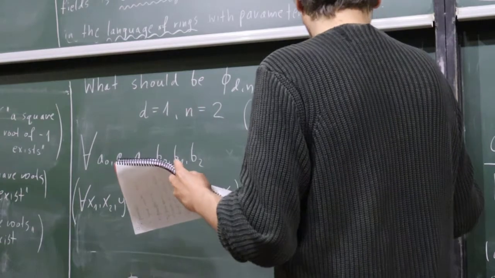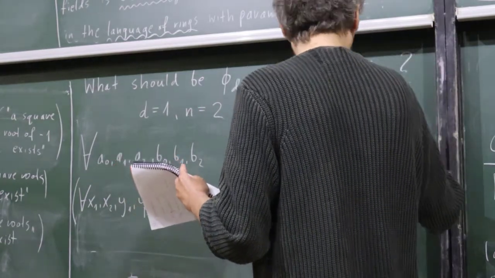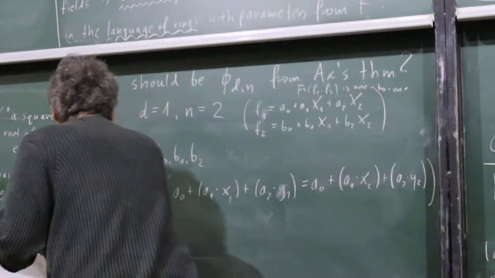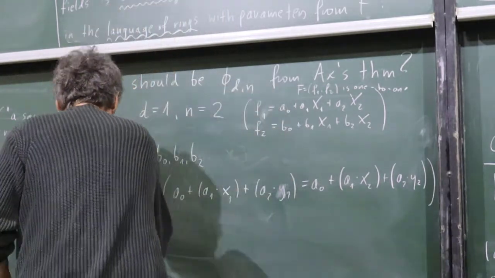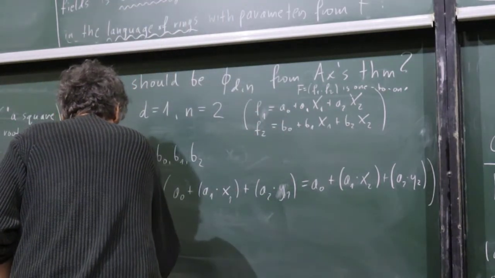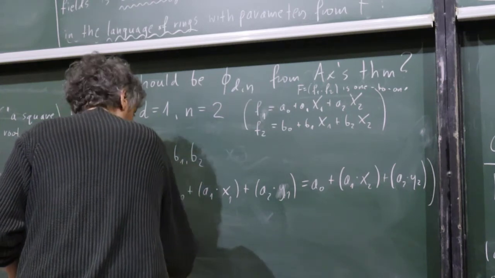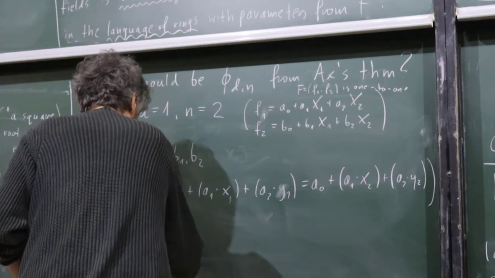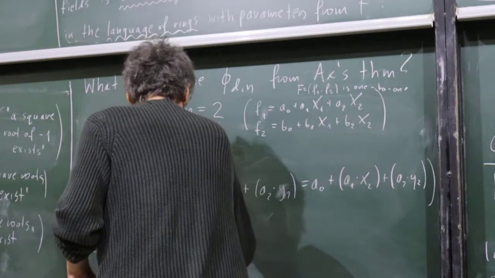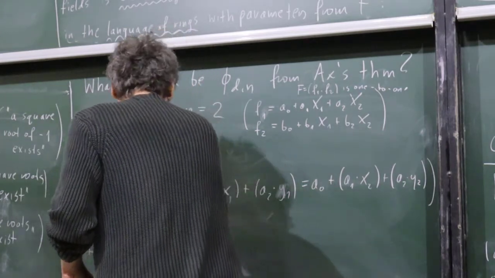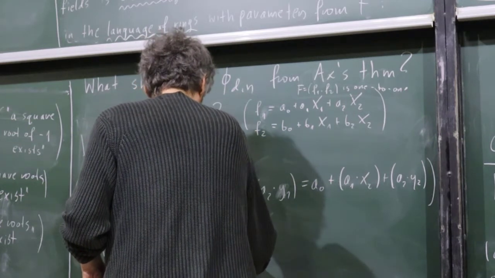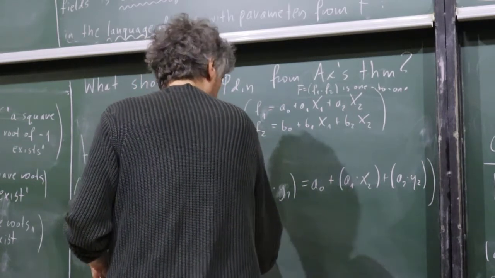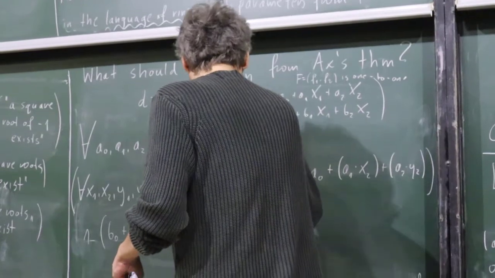So this is that they are the same on the first coordinate, and they should be the same on the second coordinate.